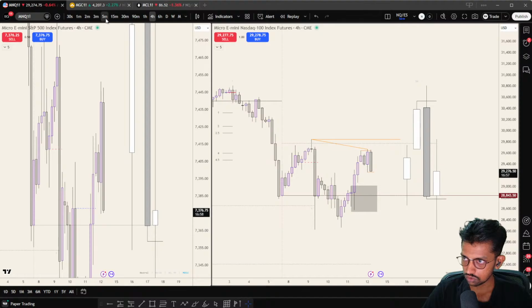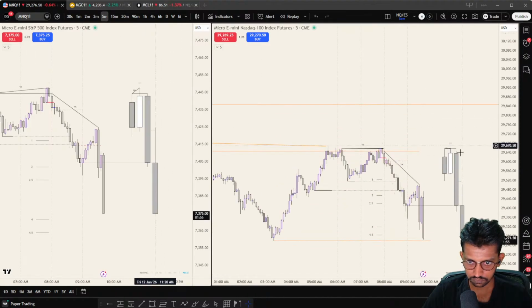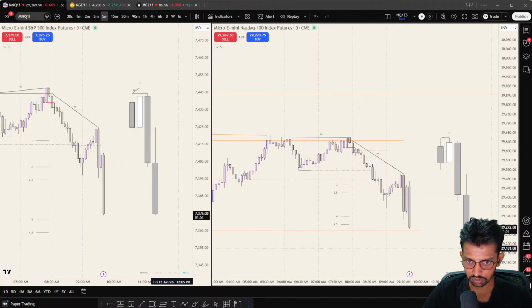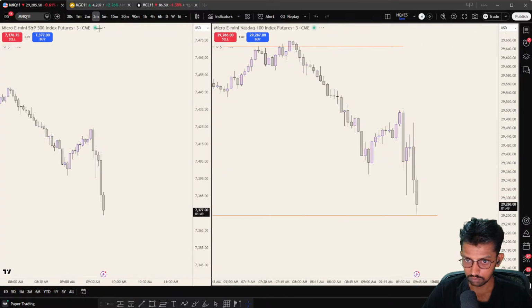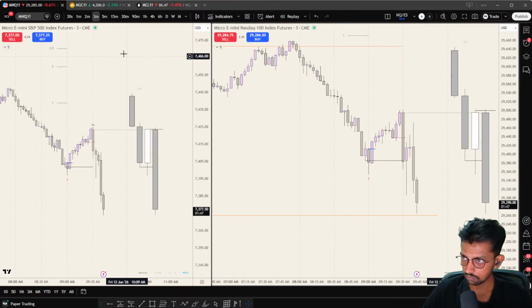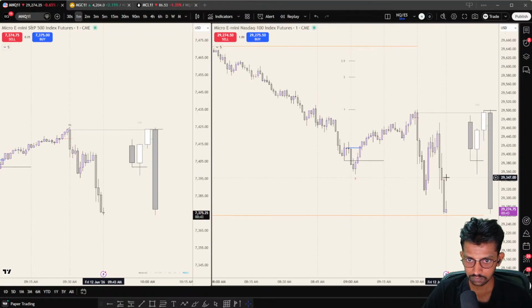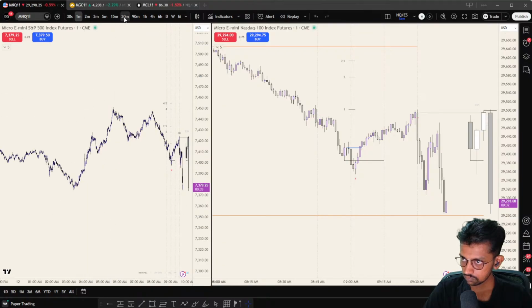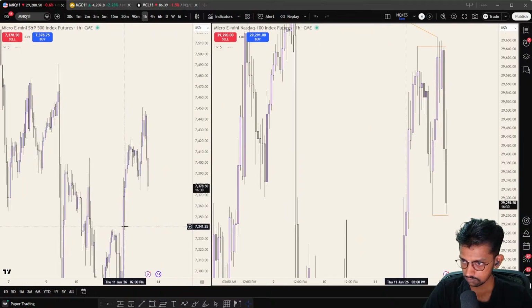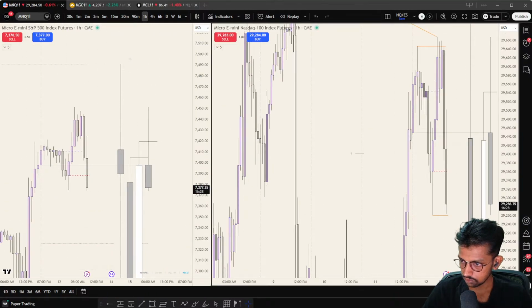London lows are about to get taken here. Nikkei is flushing hard. Markets can obviously be volatile because of the SpaceX IPO. He has cleared these lows.